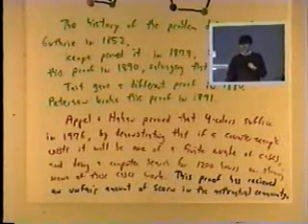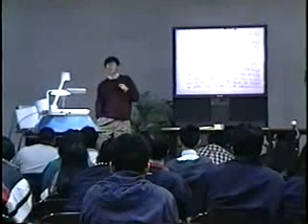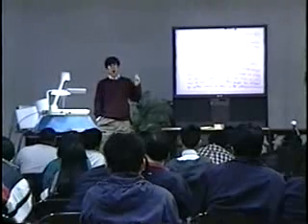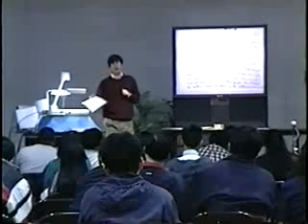You said 4 colors suffice. Is 4 colors the minimum amount of colors that we can have? When I say 4 colors suffice, that means any planar graph on however many vertices you want, 4 colors will be enough to color it. It doesn't necessarily mean you need 4 colors.